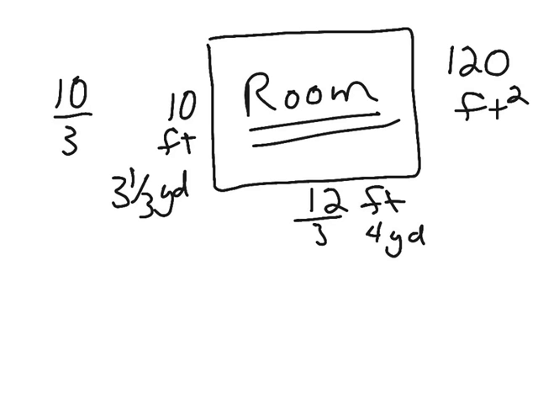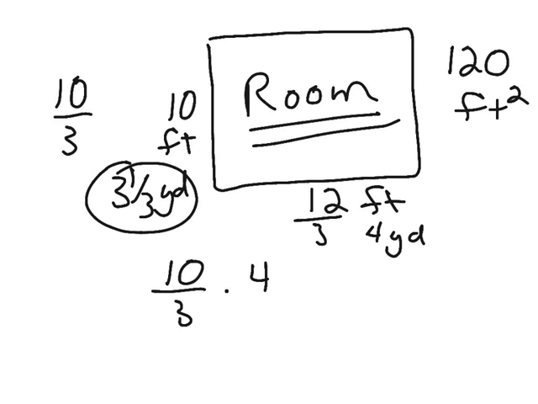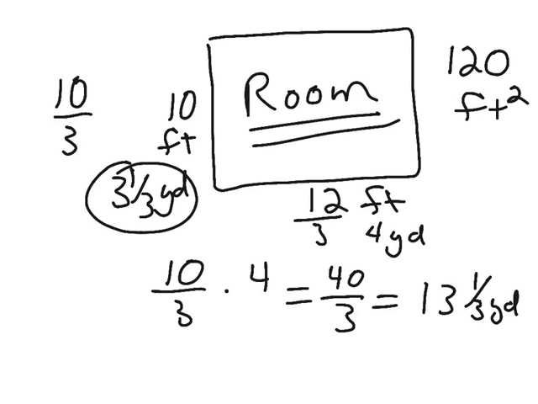Alright, so if you want to calculate the area there, then I'm going to change this to an improper fraction, so that would be 10 over 3 times 4, and I get 40 over 3, and that would be 13 1/3 square yards.